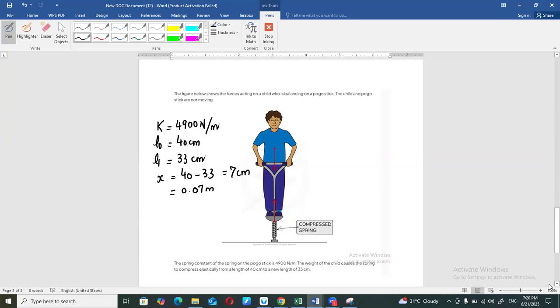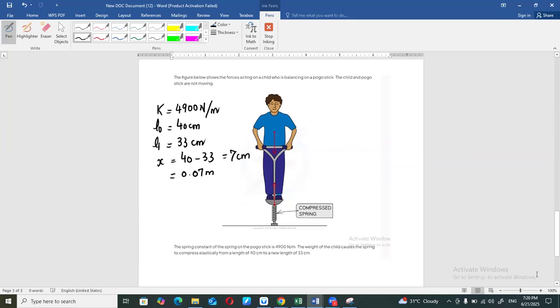The question must be, what is the force applied, or what is the weight of the person? We know that F is equal to kx, and you can simply say that K is 4900 multiplied by 0.07. And that will tell you the value of the force.